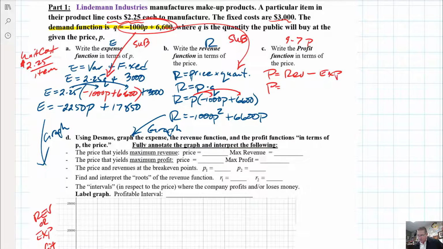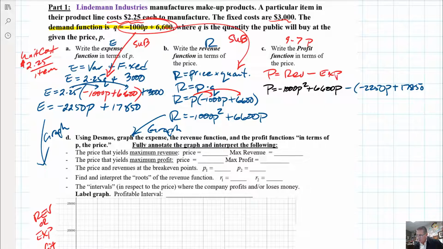You've got to take the two functions and subtract them. So let's do that. My profit function is going to be taking my revenue function, which is right here, step 2, negative 1,000 P squared plus 6,600 P, and I have to subtract the entire expense function, which is negative 2,250 P plus the 17,850.